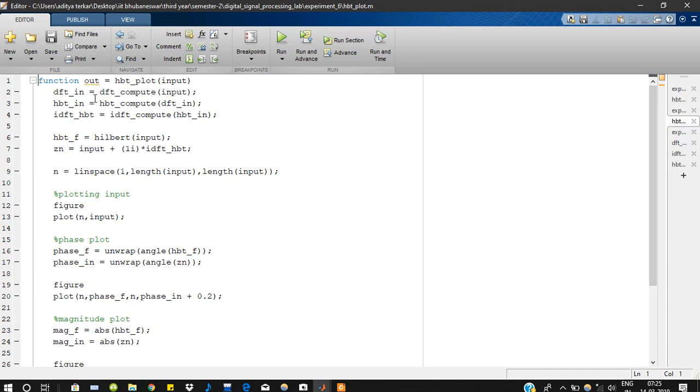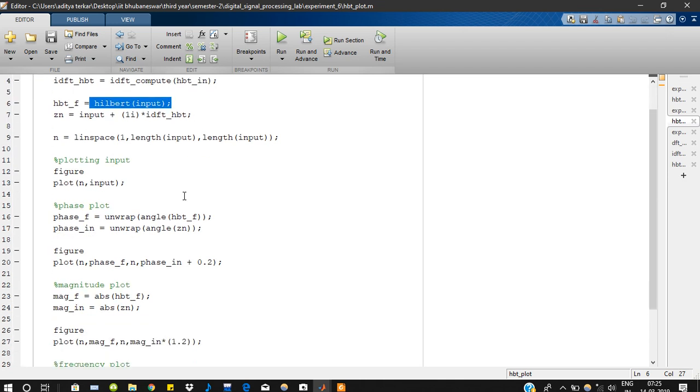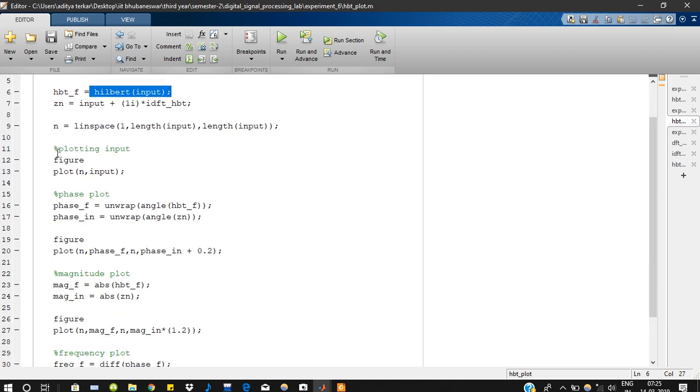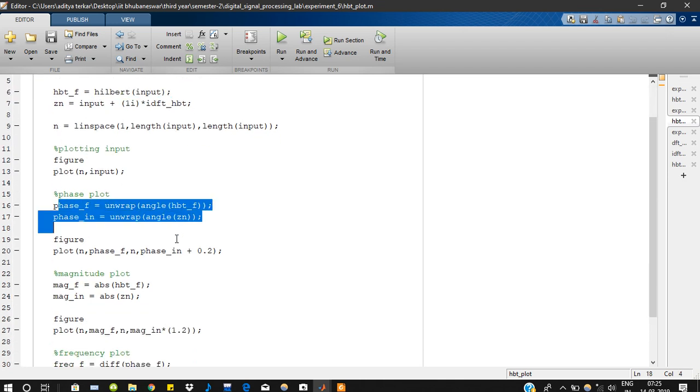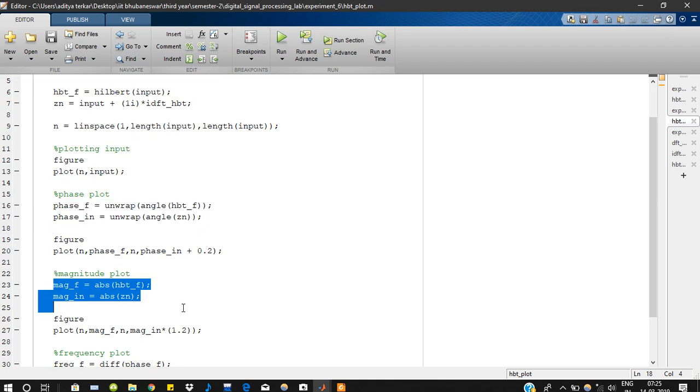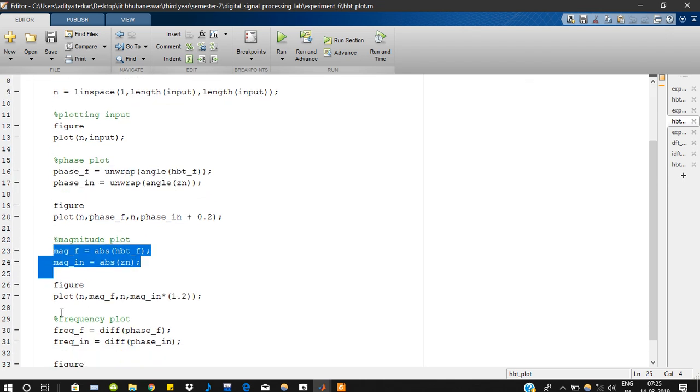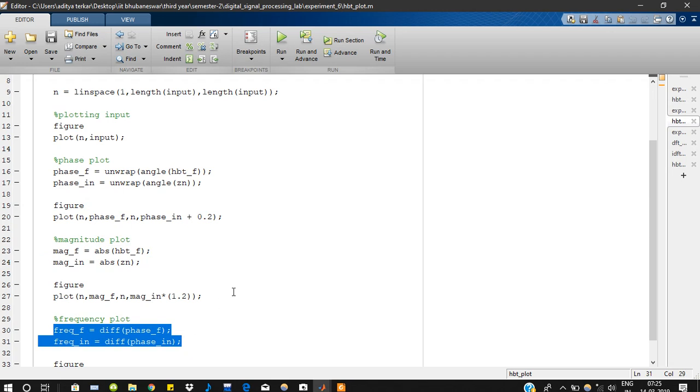So I have created an HBT plot, which is going to perform a DFT and then an IDFT based method for the Hilbert transform. Of course, I have also used MATLAB's inbuilt function hilbert, and I'll be comparing them using phase plots, frequency magnitude plots, as well as frequency plots, right?